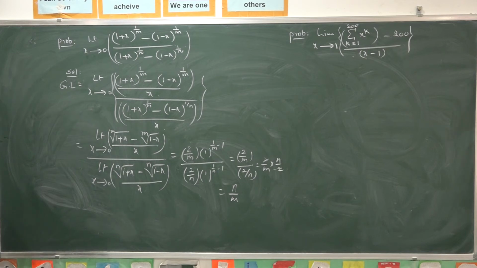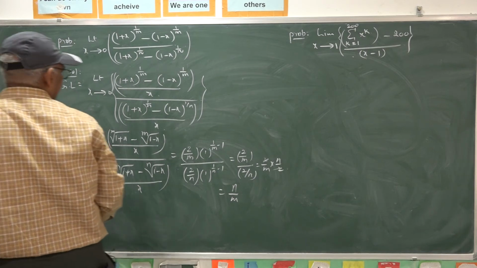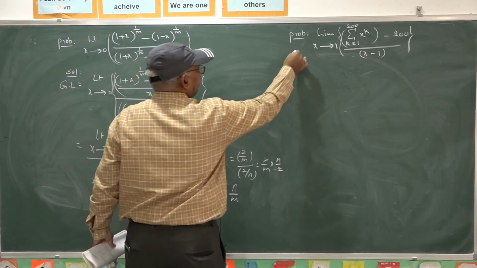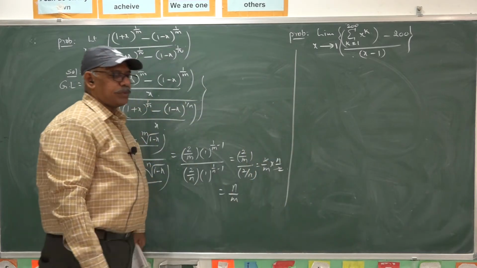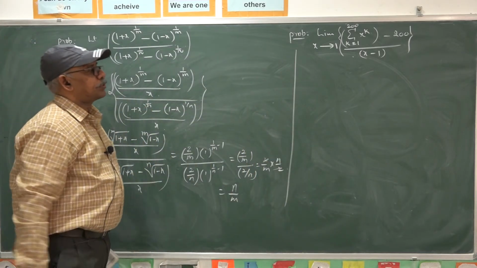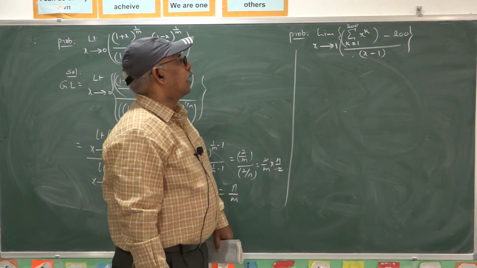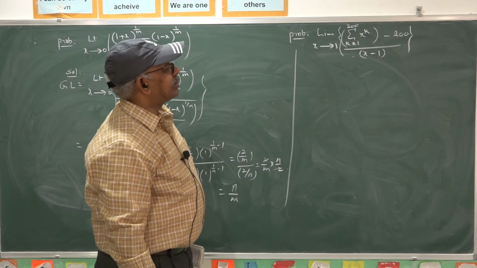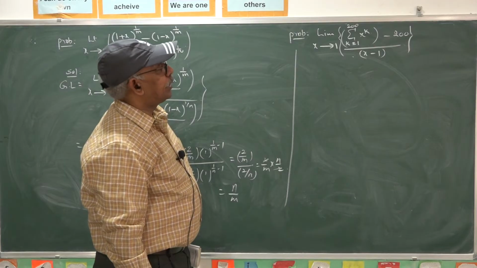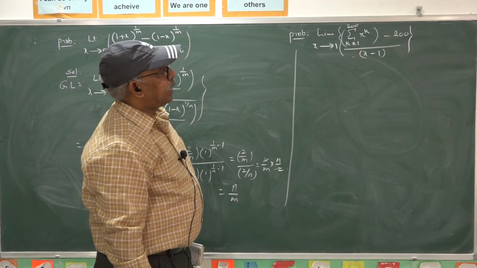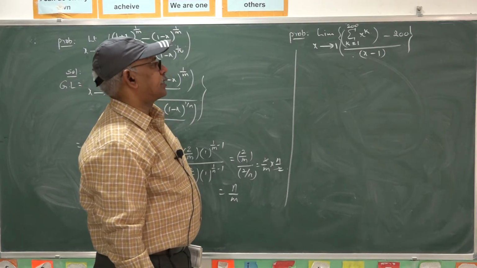That is also a nice problem. Such problems are very useful to objective examinations. Limit as x goes to 1, sigma k equal to 1 to 200 x power k minus 200 by x minus 1.